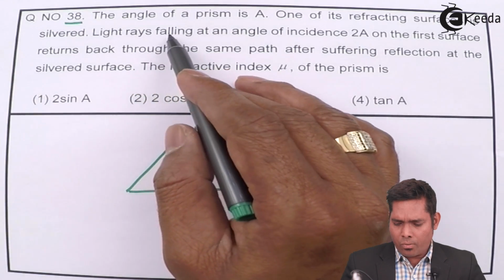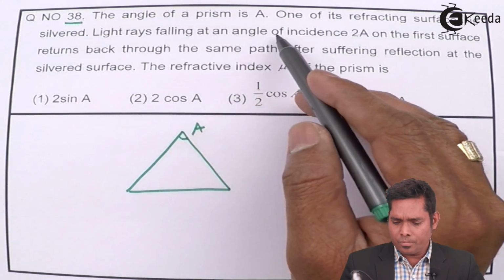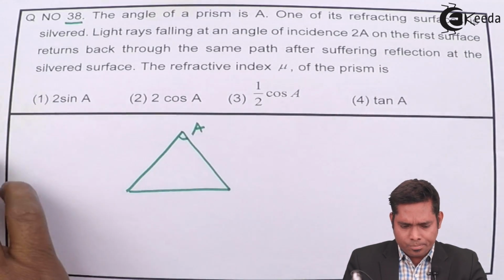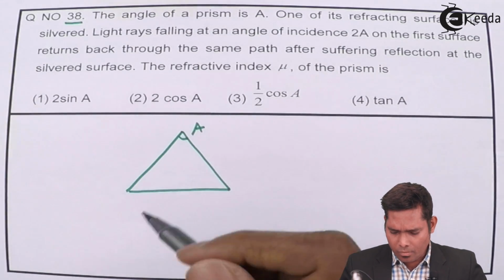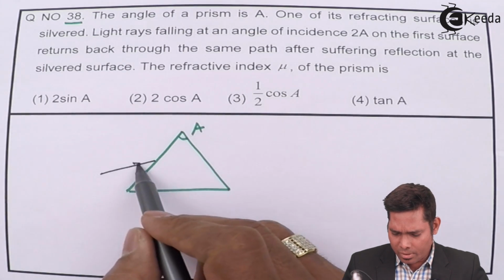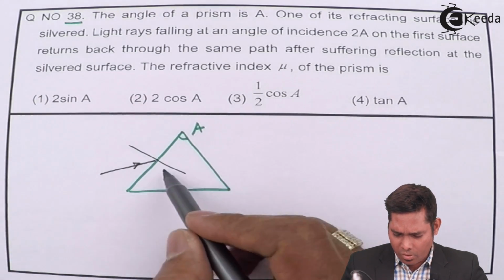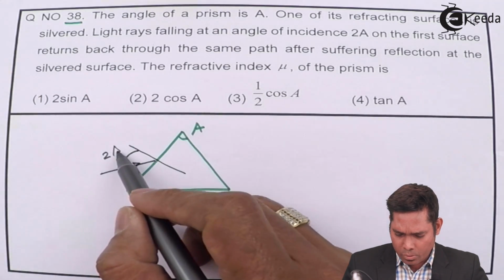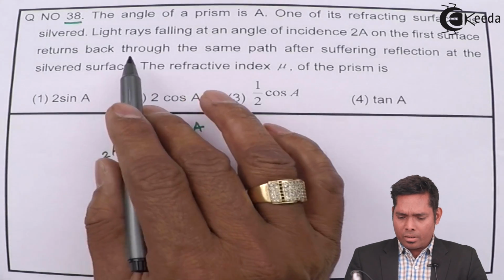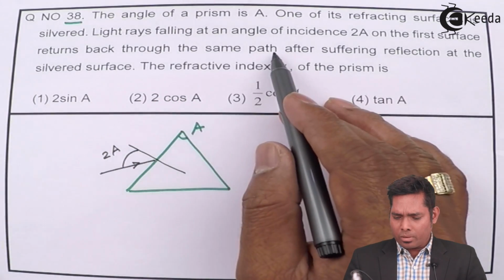Light rays falling at an angle of incidence of 2A on the first surface, returns back through the same path. So there is a prism, suppose that light falls like this at an angle of incidence of 2A. This angle is 2A.